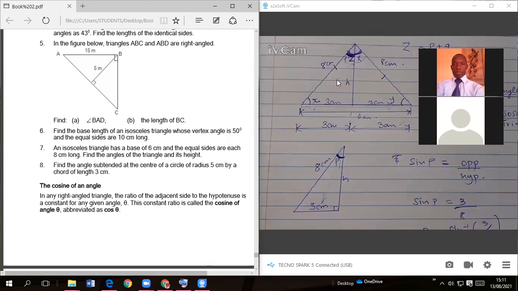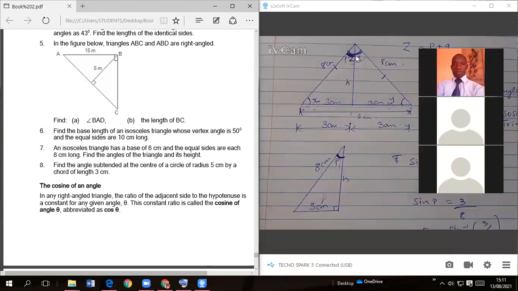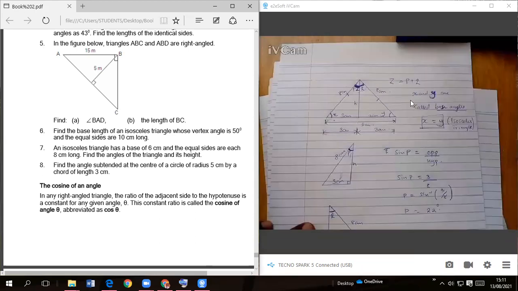You don't know? Okay. Who knows? We have found out Z, the angle from here up to here is 44 degrees. Who knows? Cynthia, do you know? How can we get X and Y, members? How do we get X and Y?